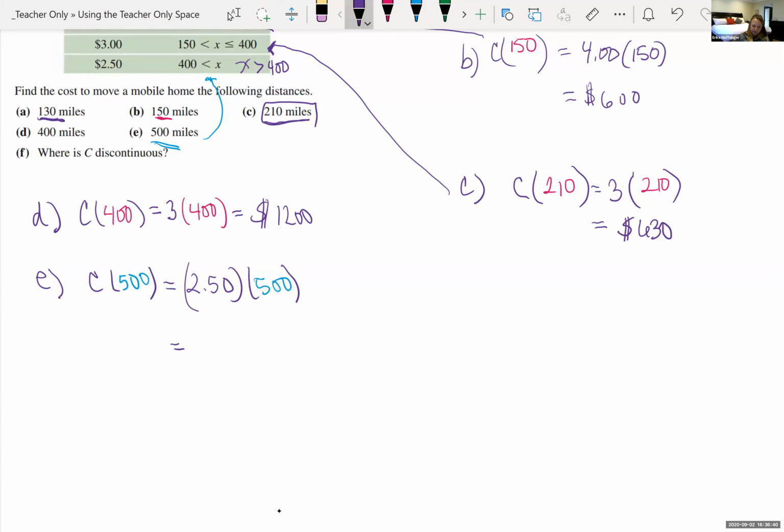Let me just do this real quick. 2.5 times 500, so that's 1250. So $1,250.